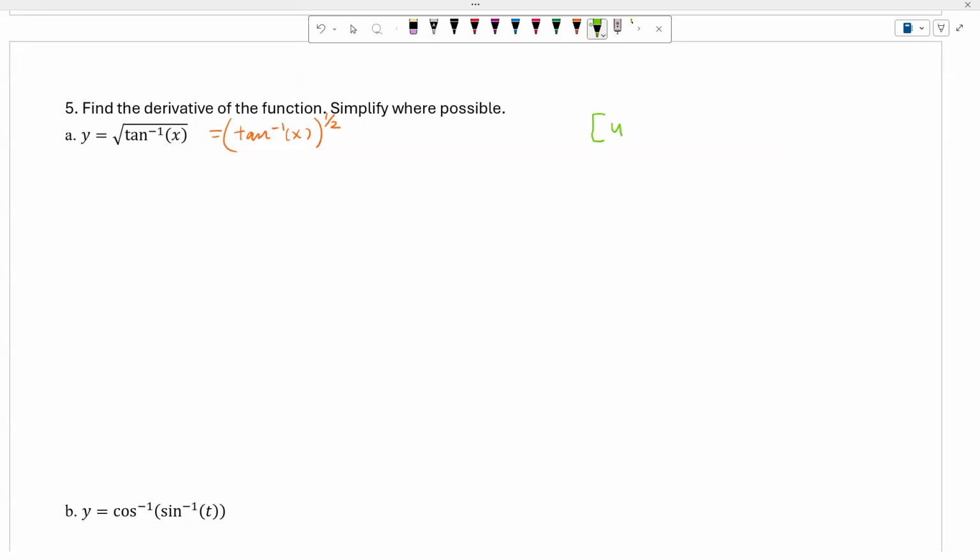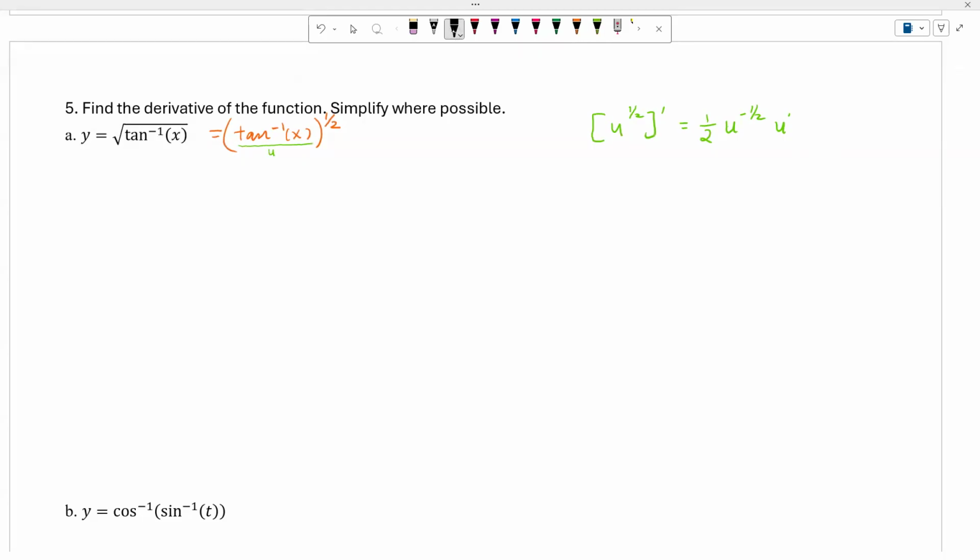Let's review. If I take the derivative of u to the 1/2, then what do I have? I will have 1/2 u to the -1/2, and then u prime, right? Chain rule. So in this case, we could consider that this is my u right here.